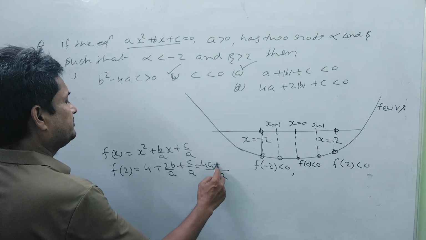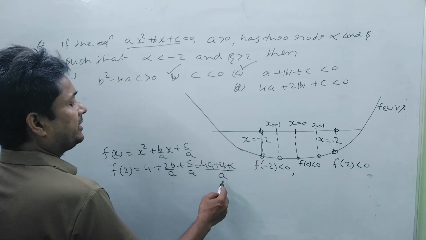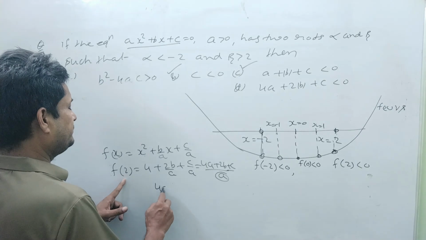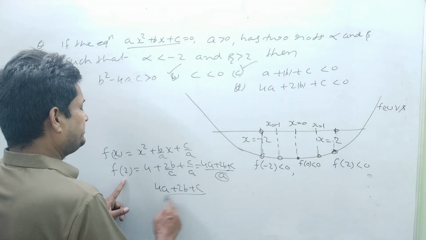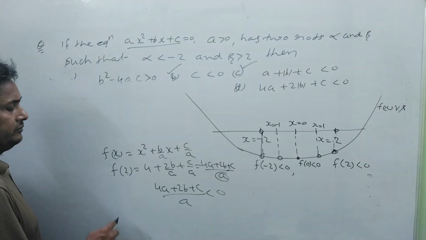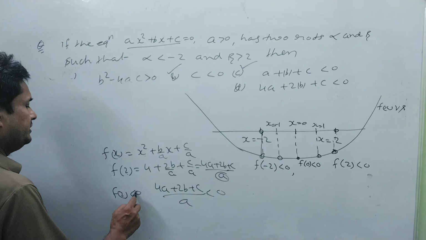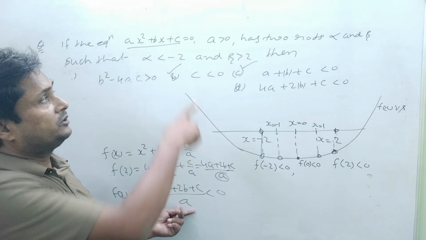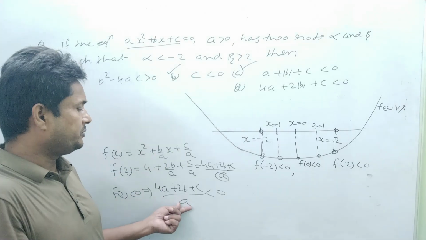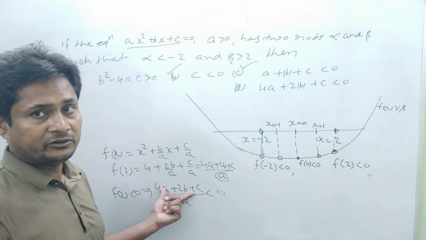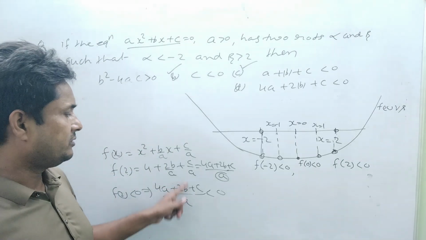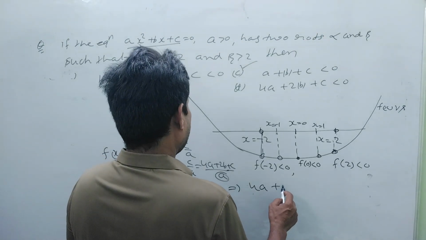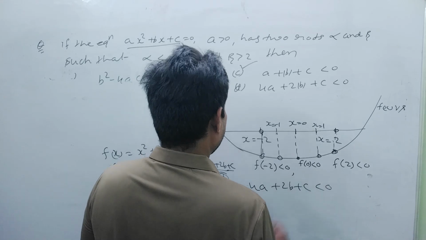It will be 4a plus 2b plus c by a, and f of 2 is negative. So this can be the inequality. A is given positive. Then numerator must be negative, because product of these two values is negative. So from here we can get 4a plus 2b plus c as negative.